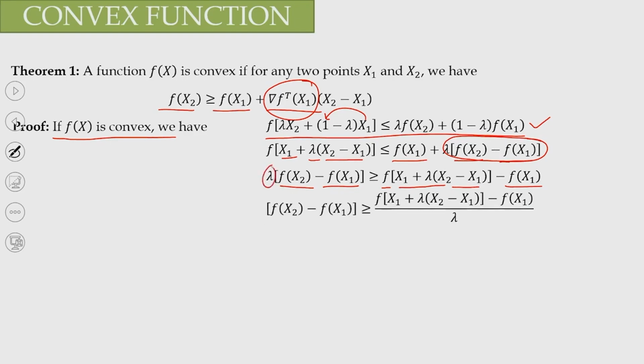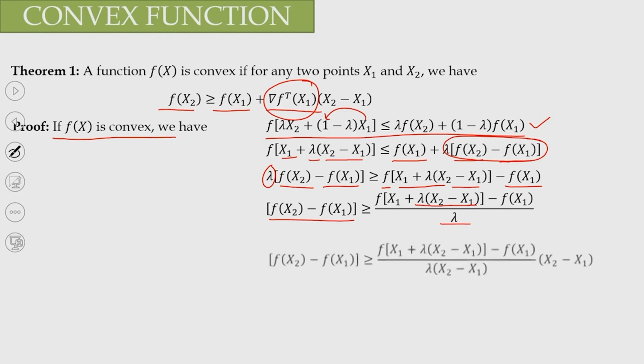If I take lambda on the right hand side, I can write that f of x2 minus f of x1 is greater than or equal to f of x1 plus lambda (x2 minus x1) minus f of x1, divided by lambda.